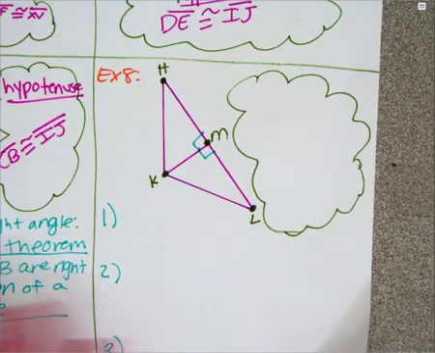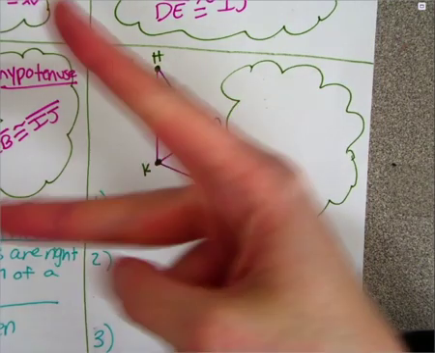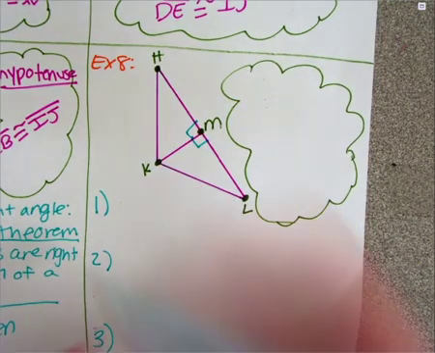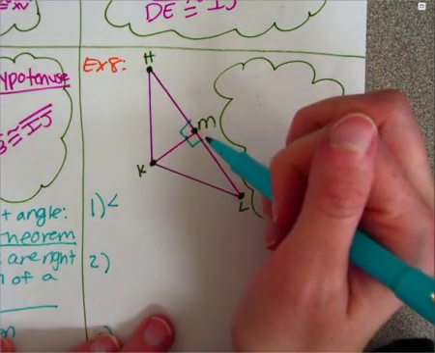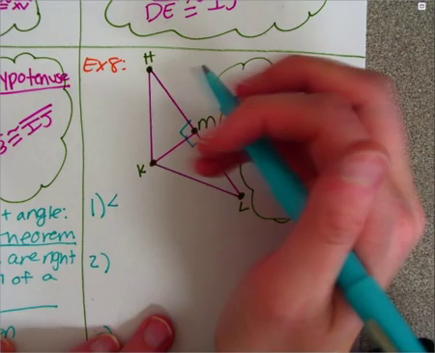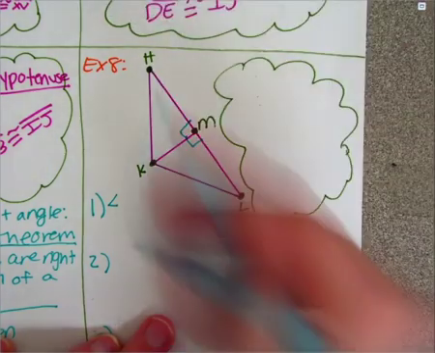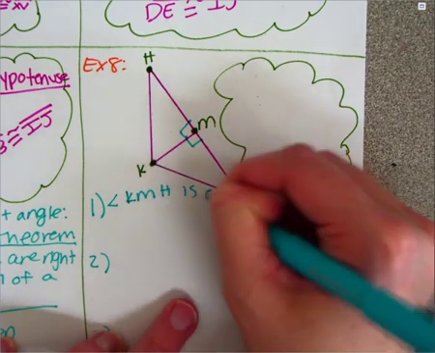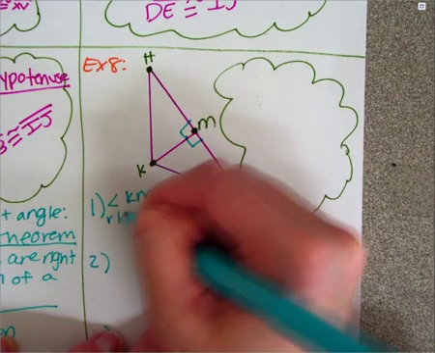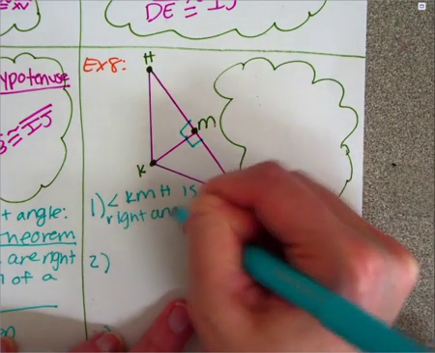So, by using all that together, I now know that I have a right angle, which is great because now I have two right triangles, so get excited. I now know that angle KMH is a right angle. And how do I know that?